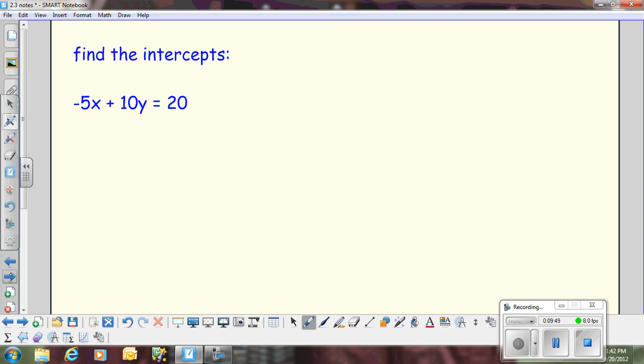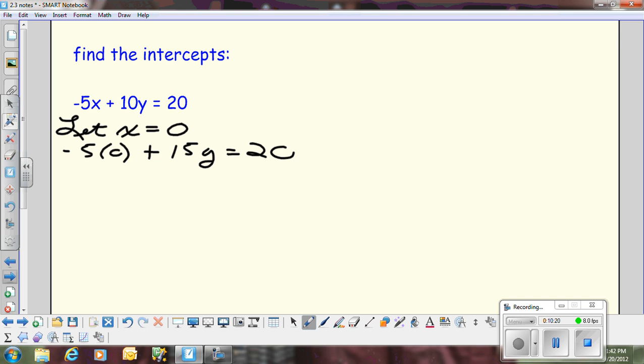So when you have an equation in standard form, where the x and y are on the same side of the equation, the easiest way is to find the intercepts. First, we're going to find the y-intercept. Let x equal 0. Then negative 5 times 0 plus 10y equals 20.